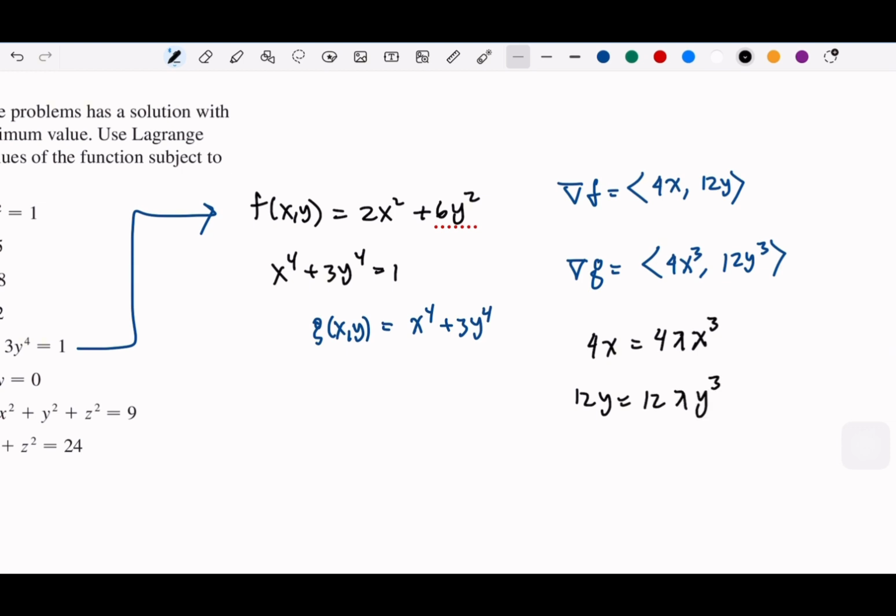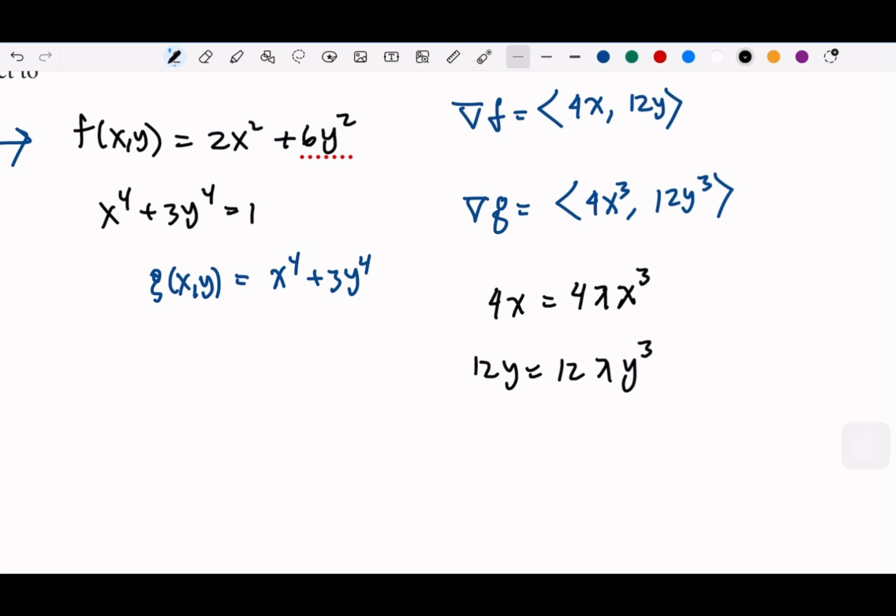Okay, so we have these two equations. Now how to solve this? Remember, do not cancel, okay? Because we are going to eliminate one possible answer or one possibility. So let's move this to one side.